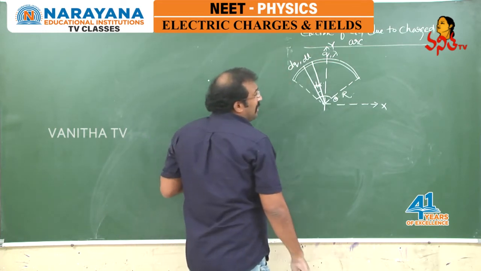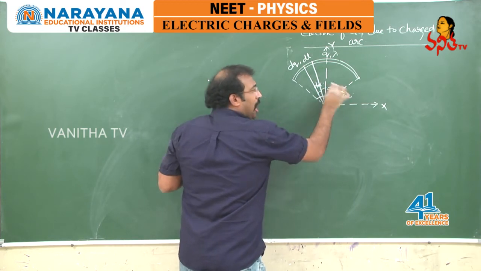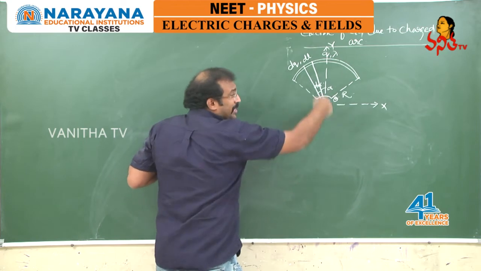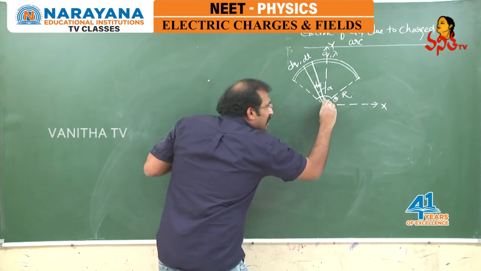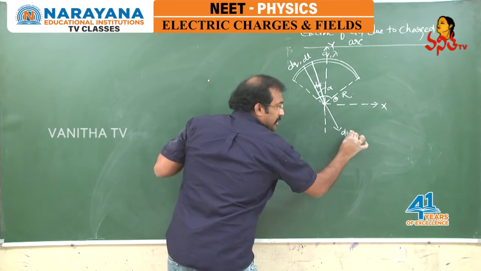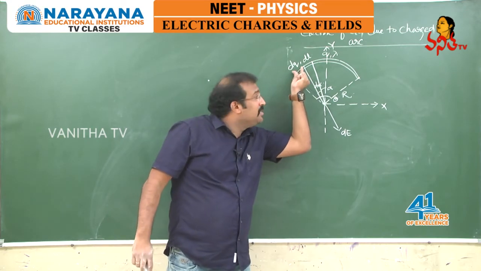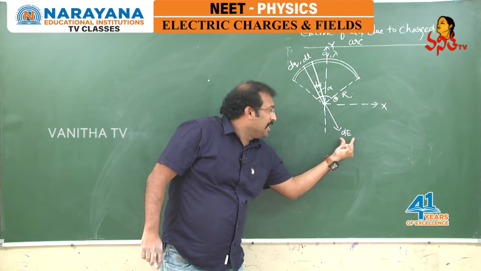Now let this make an angle of alpha with the vertical. Due to this charged element, the electric field is away from the element, that is dE.